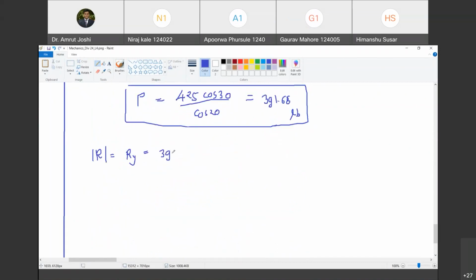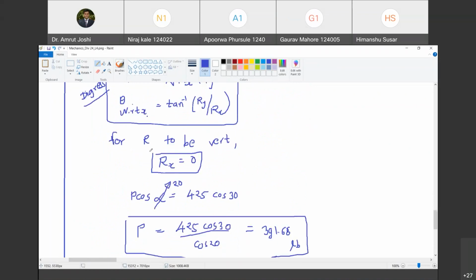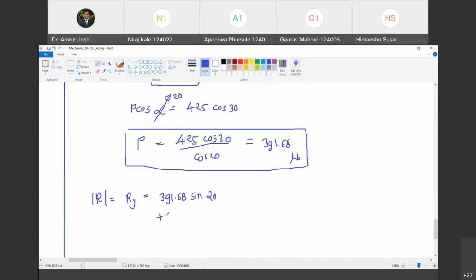So 391.68 sine of 20 degrees plus 425 sine 30. So tell me how much is that?